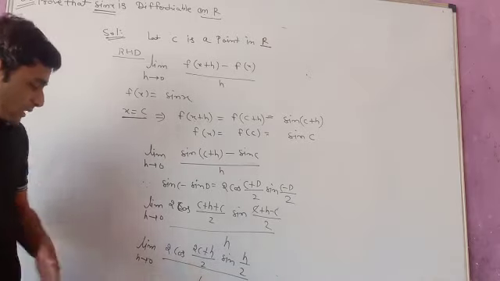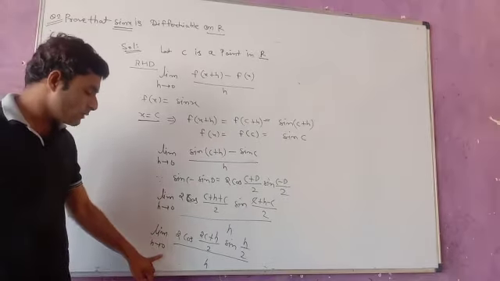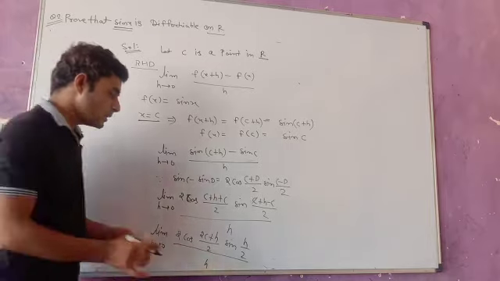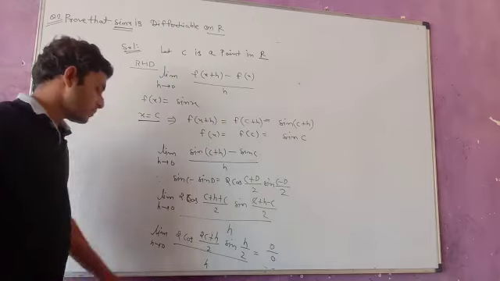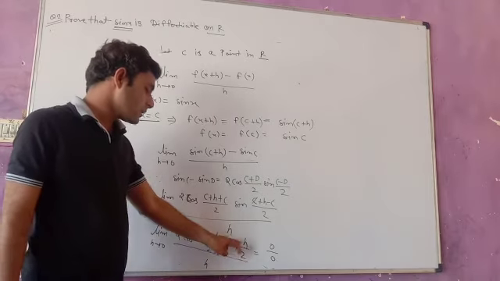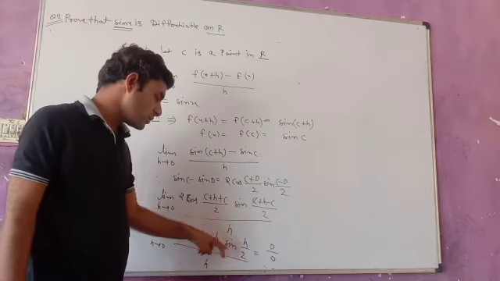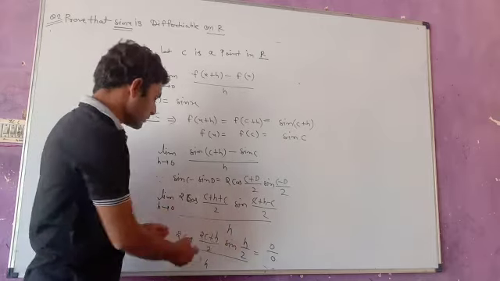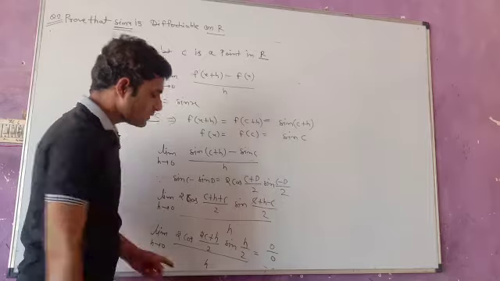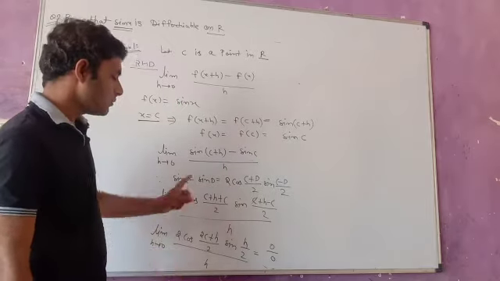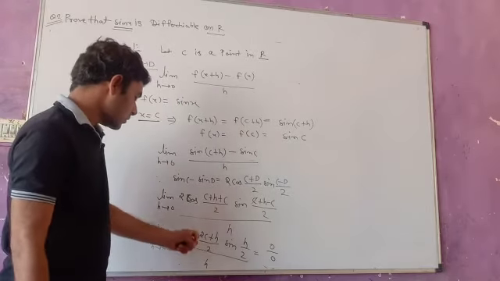But in this step, if we put the value of h as 0, then we will get 0 upon 0, because sin 0 is 0, the numerator of this expression is 0 and h is also 0. Now we have 0 upon 0 form.